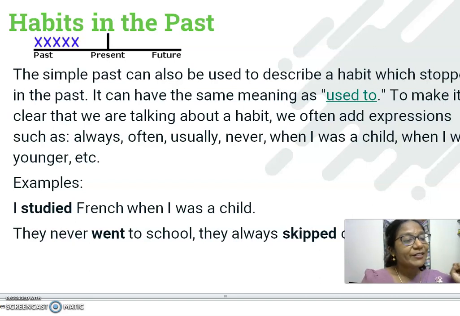So here we could see in these two sentences, I studied French when he was a child. We tend to use simple past tense. And the second one, they never went to school. They always skipped classes. So again, it's a habit which has stopped in the past. Okay, what happened earlier.